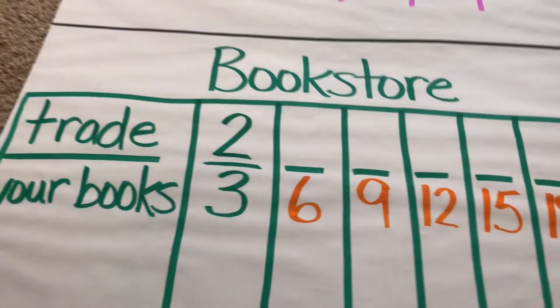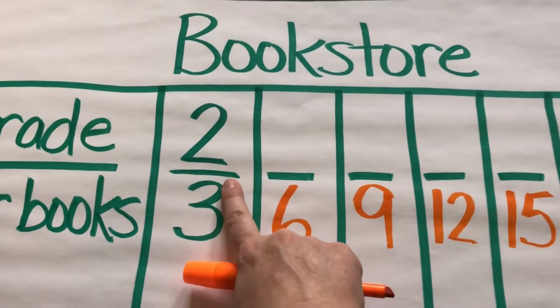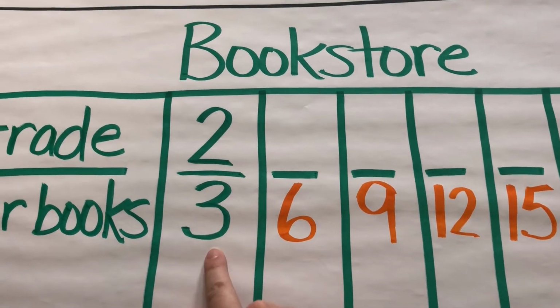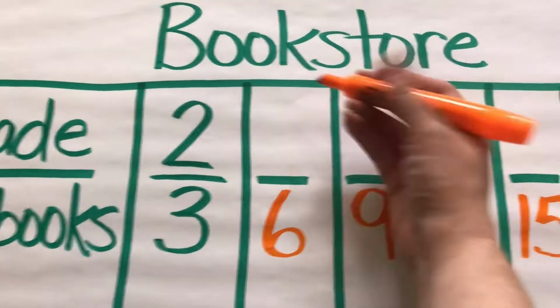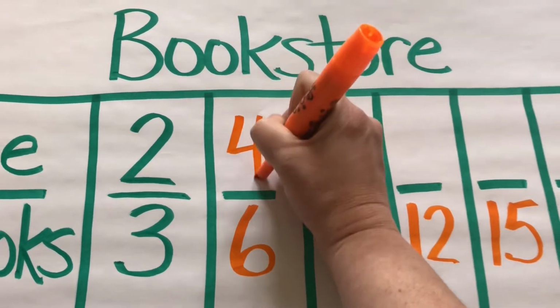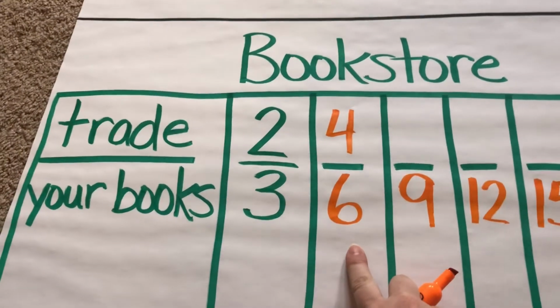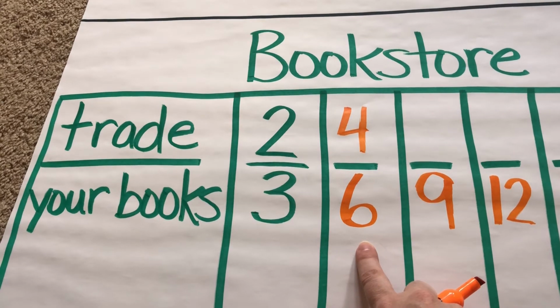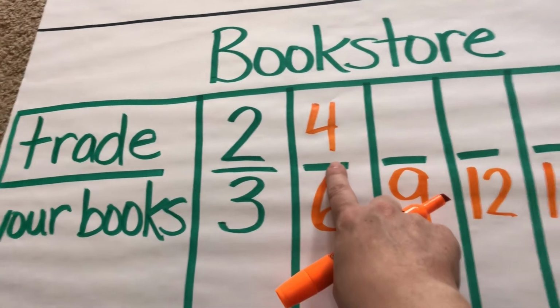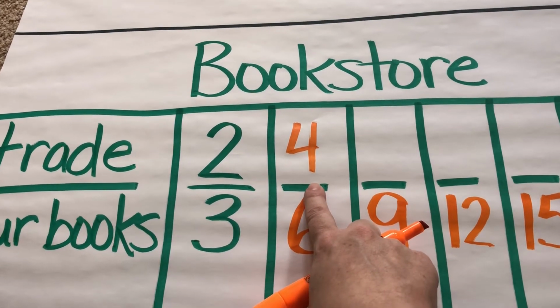So we are going to multiply our numerator by the same thing. 3 times 2 is 6, so we need to multiply 2 times 2, and that would be 4. So what this tells us is, if you bring in 6 of your books to the bookstore, they will trade you and give you 4 of theirs.